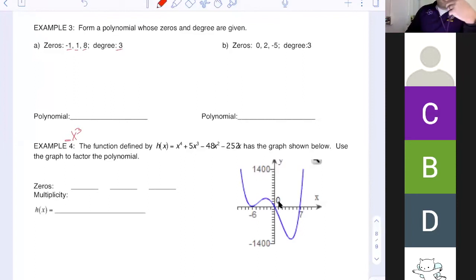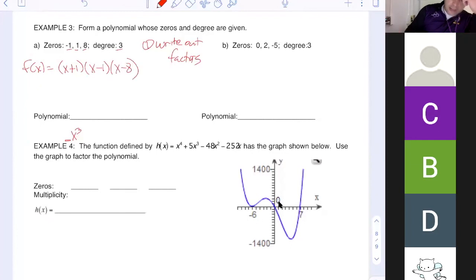And now what they want us to do is kind of work backwards. We're given the zeros, and the first thing we have to do is write out the factors. So the factors are going to be x plus 1, x minus 1, and x minus 8. Remember, it's just the opposite. Now, this is the part that takes a little bit of time.